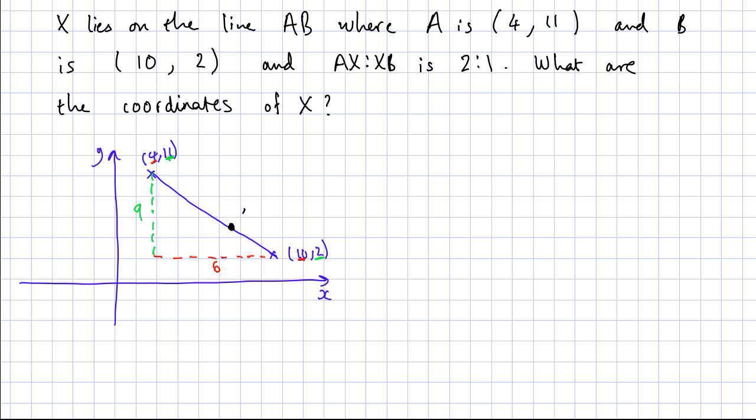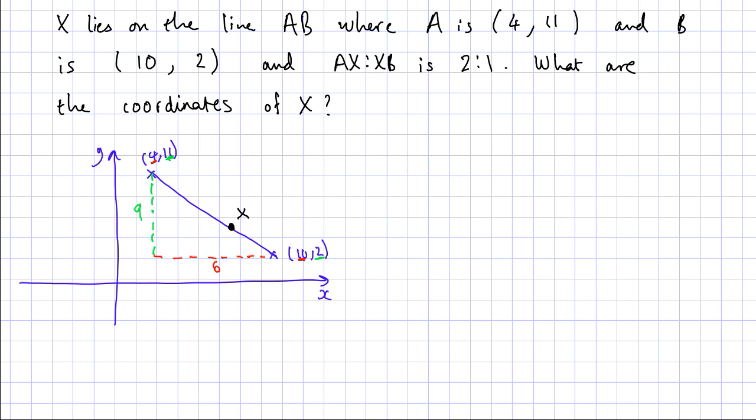And this is the point X. Now, the x coordinate of the point X is going to start at 4, and I can see that it's going forward towards 10. So I'm going to do 4 add 2/3 of this length here. So 4, add 2/3 of 6.